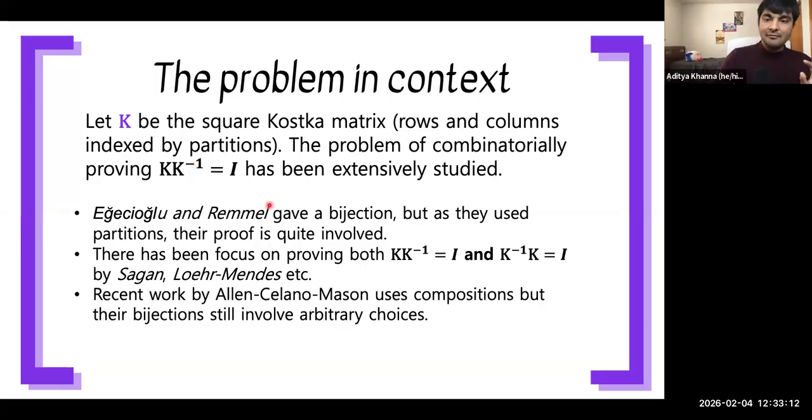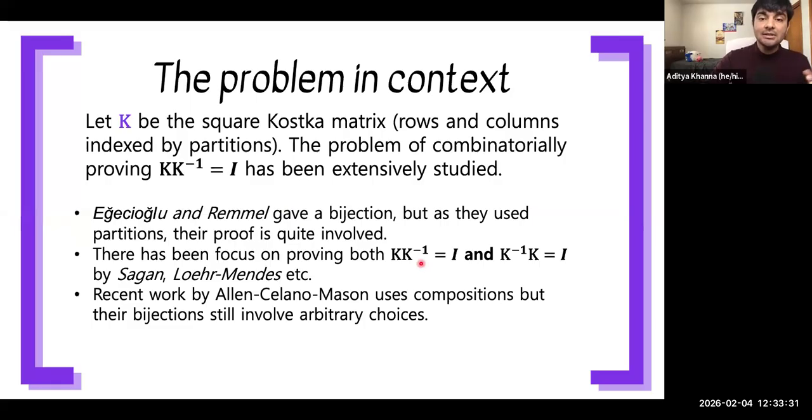Agassi and Rémmel have a really nice bijection, but their bijection is not free of arbitrary choices. They define this special thing where they have to swap entries, and they use partitions as their fundamental object, and that requires a bit of reordering, which makes proofs complicated.